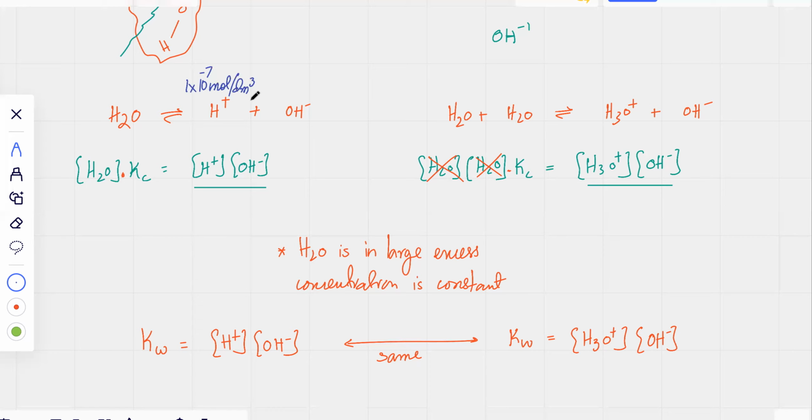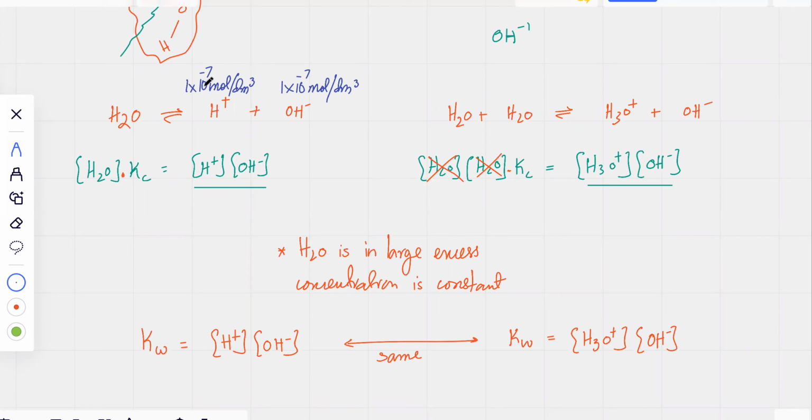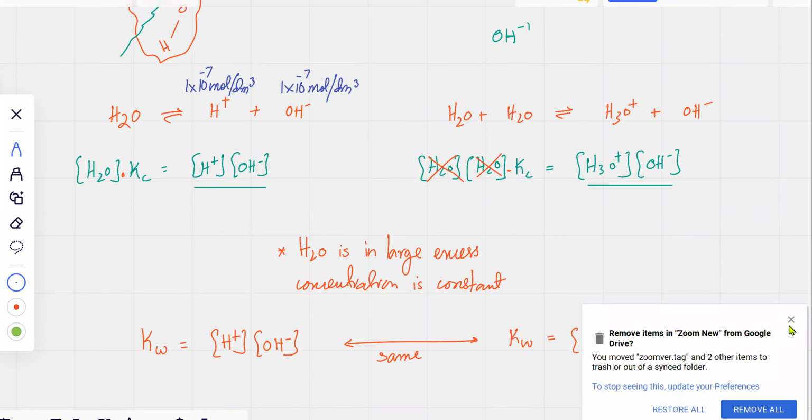Remember in electrochemistry, when we were doing electrolysis, I told you don't use H+1 and OH- ions. Take water as water, because you can see clearly that the amount of ions that water produces is almost negligible. That's 0 point followed by 6 zeros, and then there's 1.